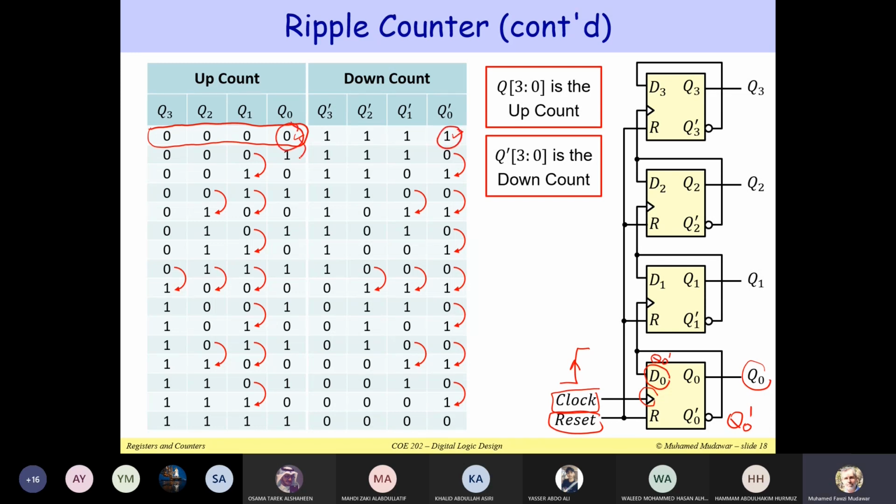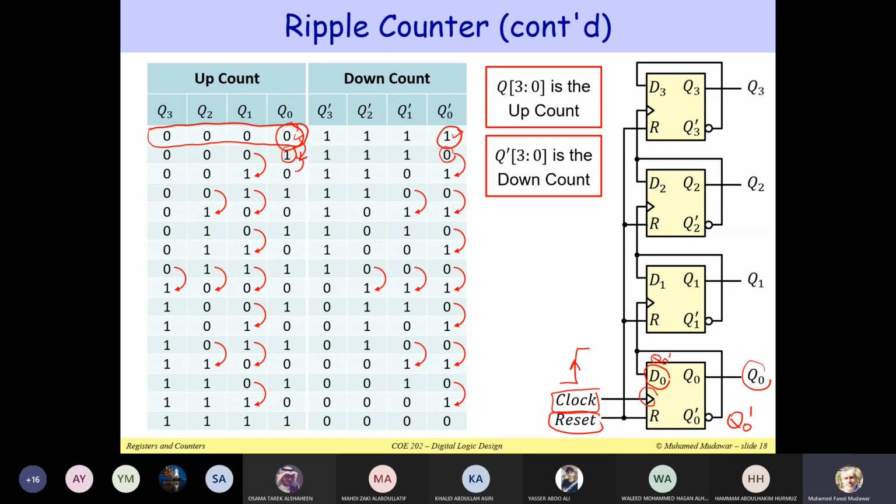So next cycle, we are going to change it to 1. We call this toggling, or inverting, Q0. We are doing this kind of inversion at the rising edge of the clock. This will happen at the rising edge because the clock is connected to the least significant bit. Now, this is now 1, right? So this is 0.